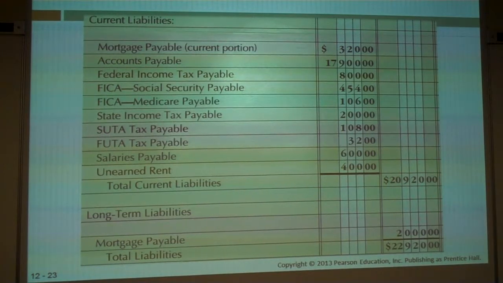So here's a section where we have the current liabilities, and then the long-term includes the mortgage. Wouldn't it be nice just to have a mortgage of $2,000? Usually it's much larger than that, and that might be the current portion.